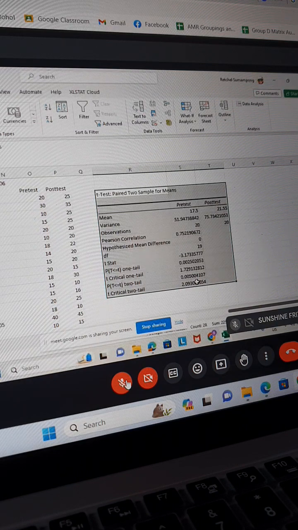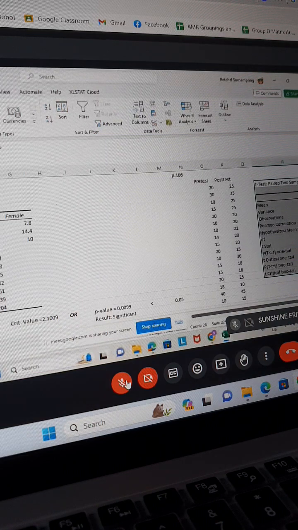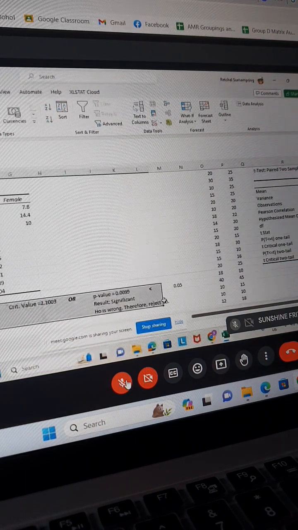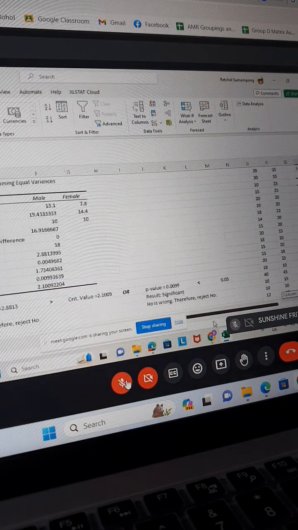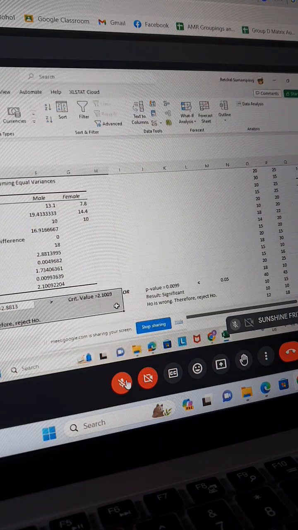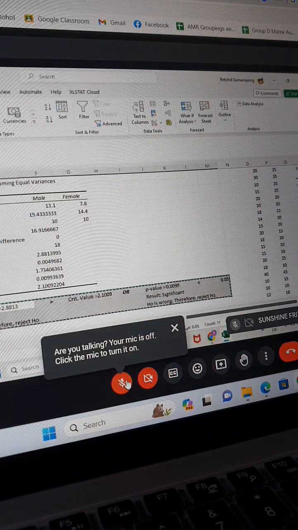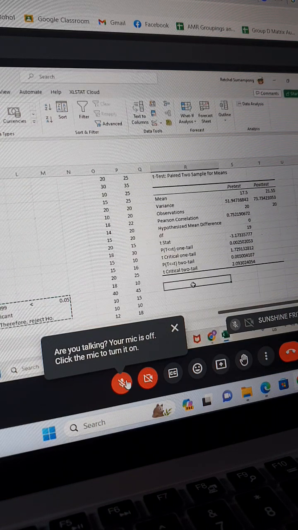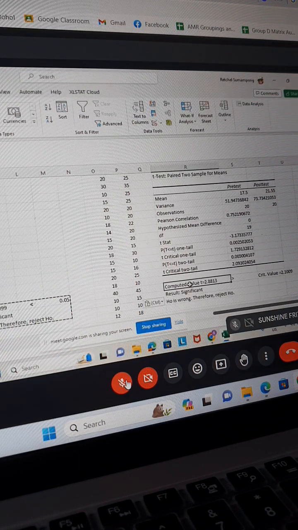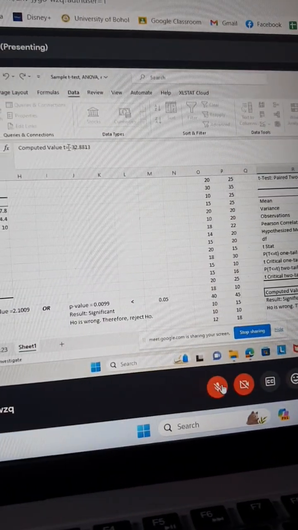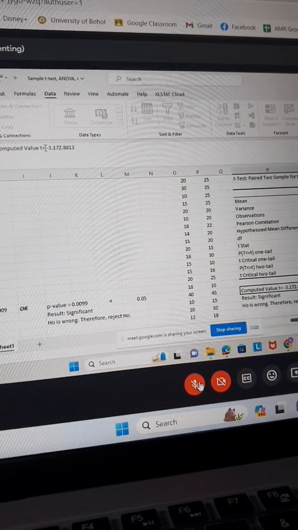Okay. Our computed t value is, this is what I'm telling you, negative, 3.1733 and so on.